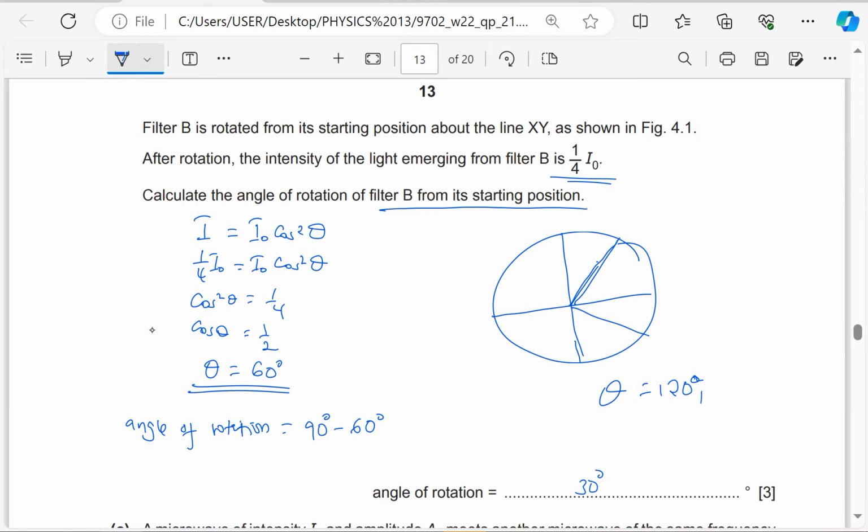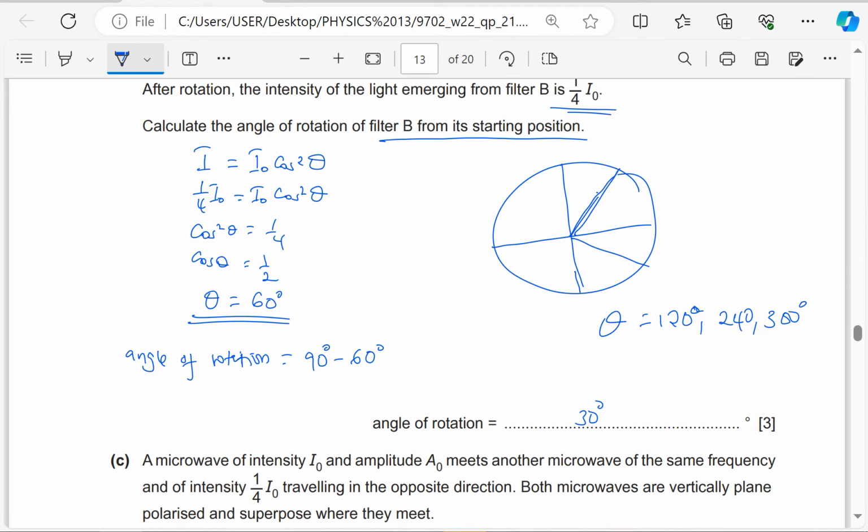The other angle could be, I think, 240 degrees. I just keep doubling this. Then I could also have 60 plus 60 plus 60. When I add 60, it is going to be 300 degrees. All these angles will give cos squared theta to be a quarter.